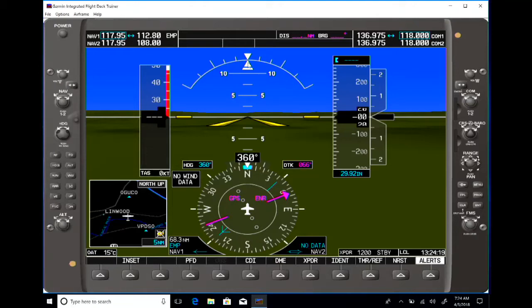So we know that we're going to see our bank angle change. What else is going to change? Do you think our heading is going to change as we start this turn? Yep. Do you think our altitude is going to change? Hopefully not. If we're making a level turn, our altitude should remain the same. Our vertical speed should remain the same if we are making a level turn.